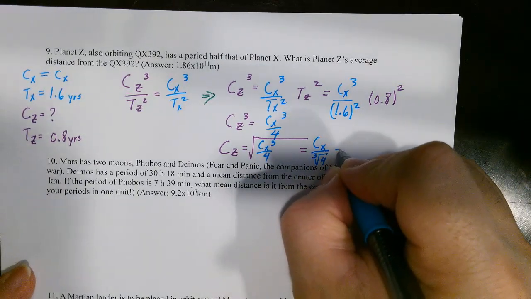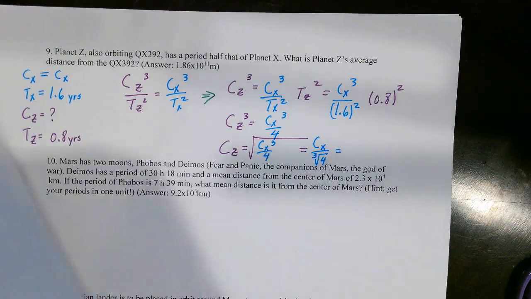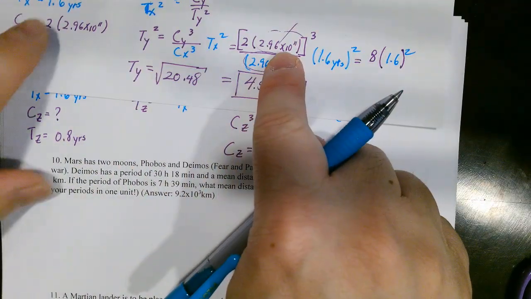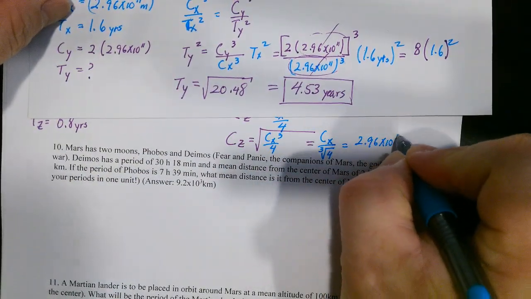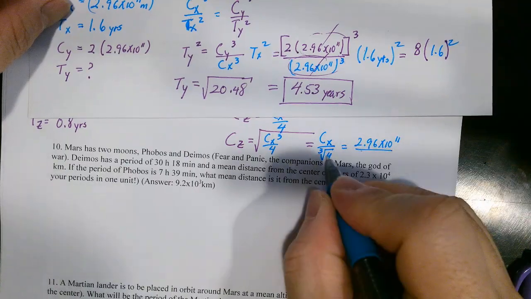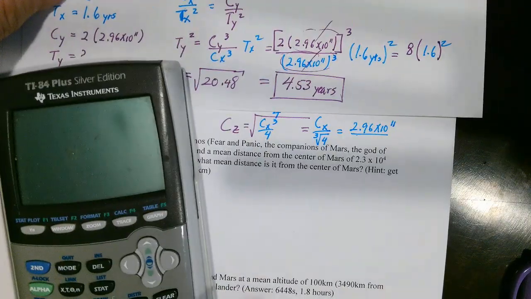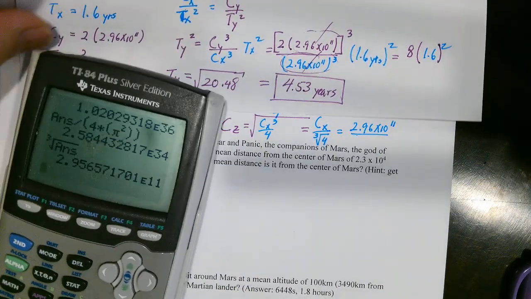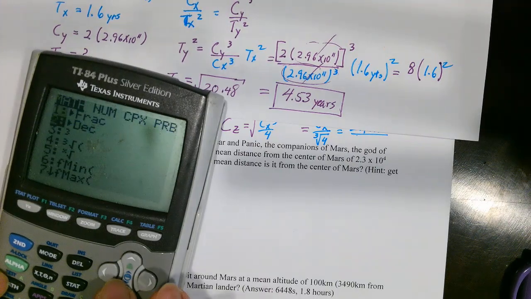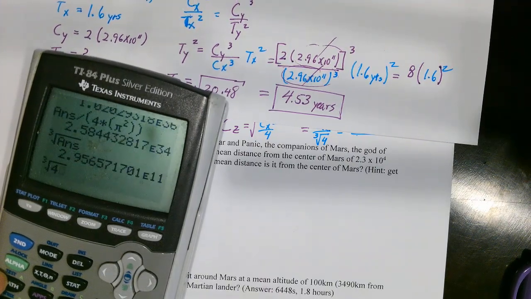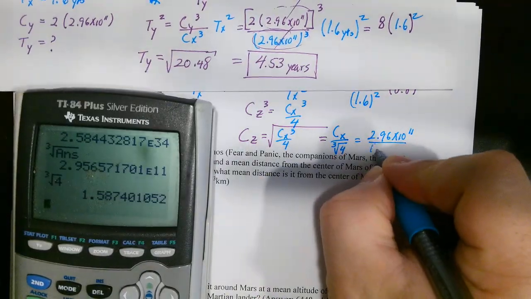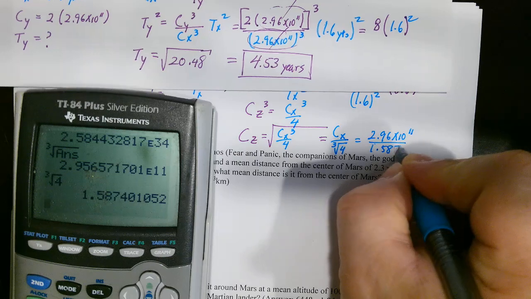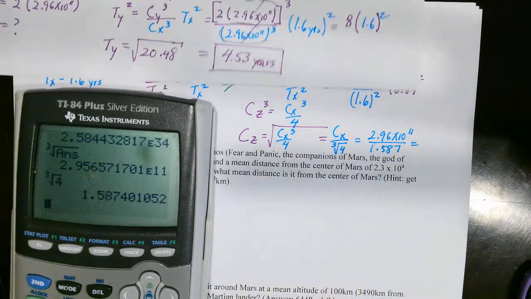That is 2.96 times 10 to the 11th divided by the cube root of 4. What is the cube root of 4? Right, so math, cube root of 4. And I get 1.587.